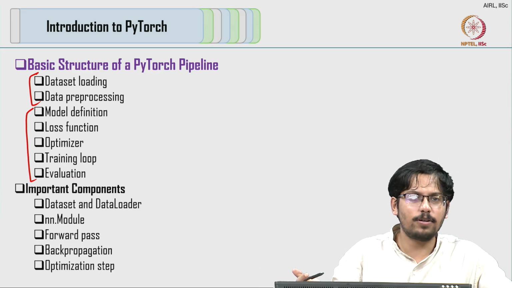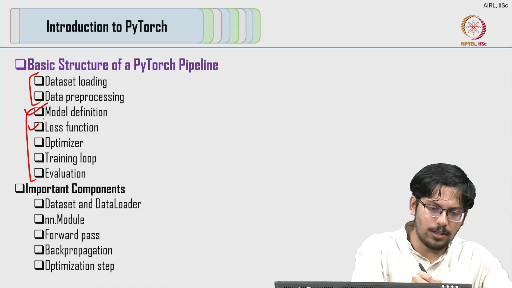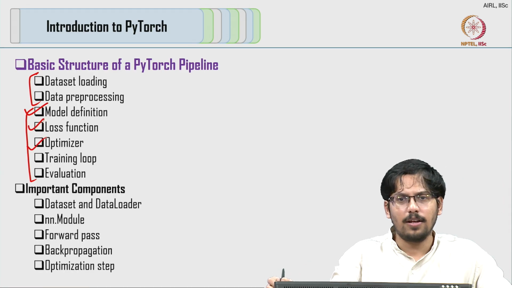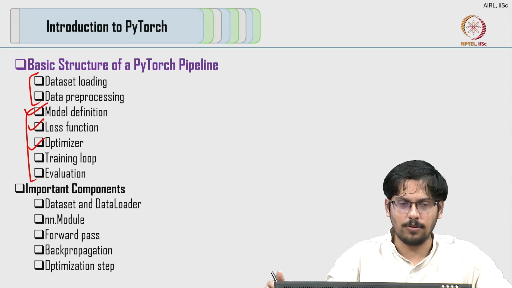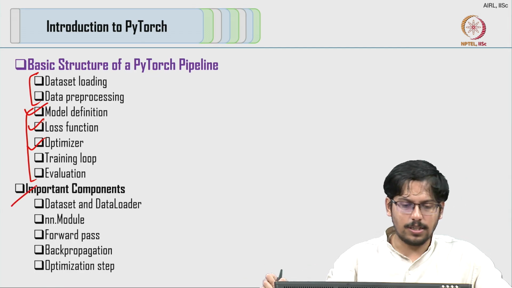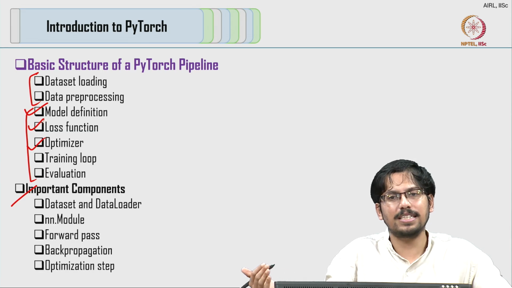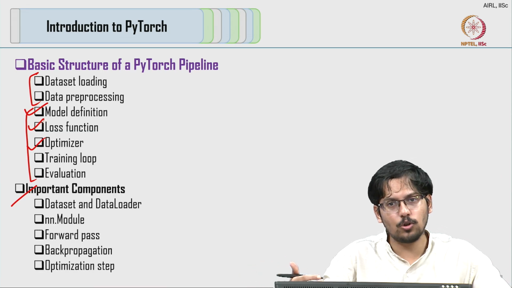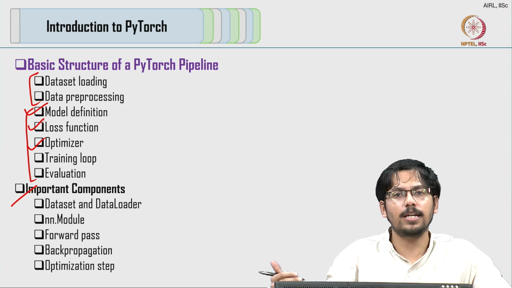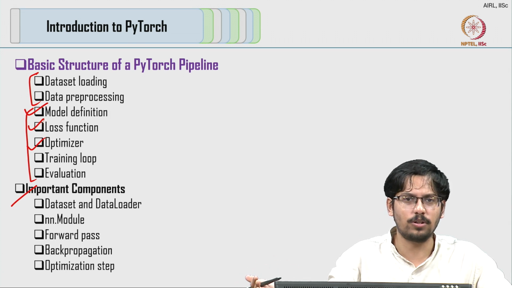But whichever model we use, we need to define the model, we need to define the loss function and the optimizer, and essentially focus on the training and then the evaluation. Now there are important concepts in PyTorch, but again deep learning frameworks in structure are very similar. So these concepts also would be very similar in other frameworks, however their syntax would be specific to the framework.